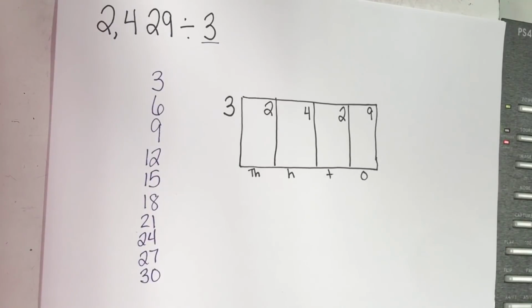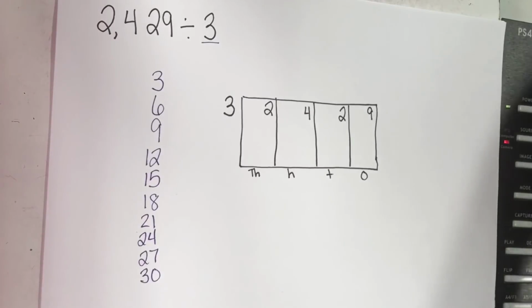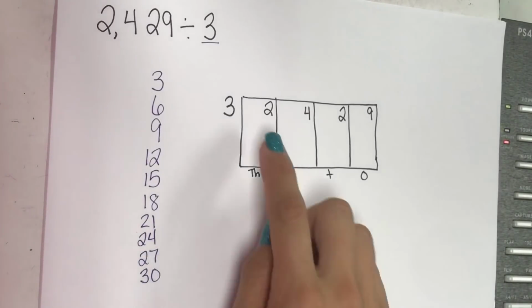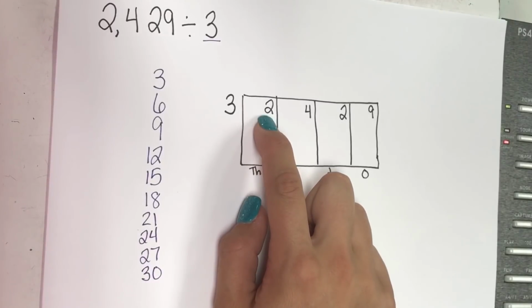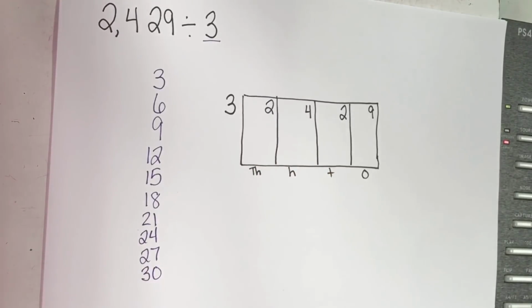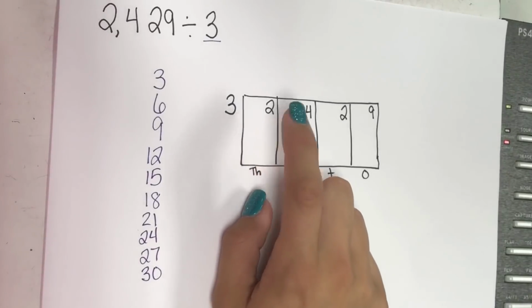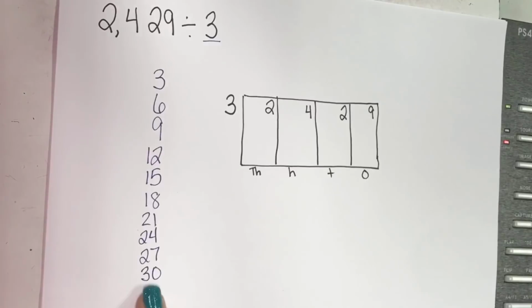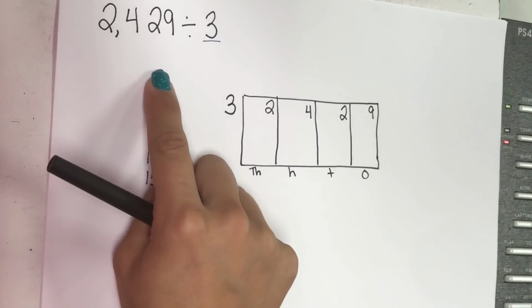So I want you to think. Now, really, whenever I say what's the first number that's bigger than 2, which is what we have, what you're really doing is dividing. You're saying 2 divided into 3 groups. So what's the first number that's bigger than 2 that's a multiple of 3? 3. Just put your finger on it.